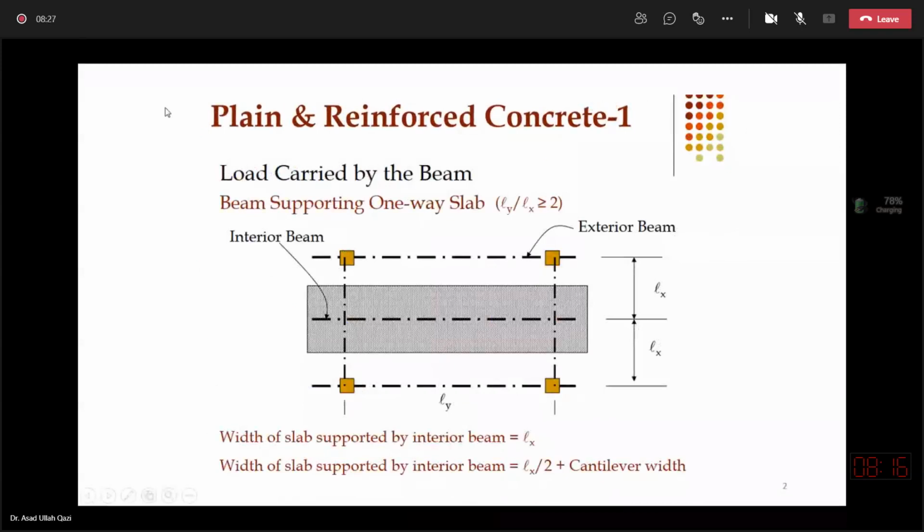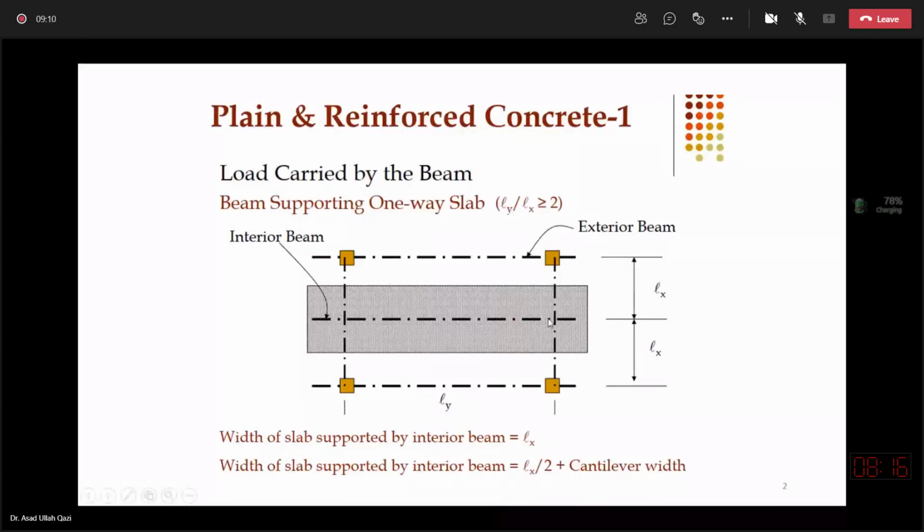So just I want to give you what was the outcome of this discussion. Actually, if beam is present in a one-way slab system, so this picture on slide number 2 indicates that there are two panels which are adjacent to each other, and there are four columns, and on column center line beams are running, and there is also one beam present which is resting on the spandrel beams.